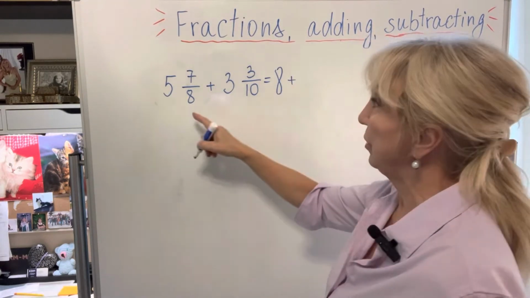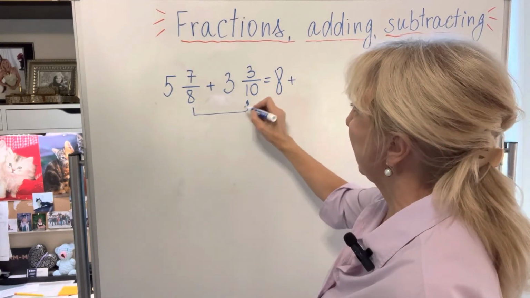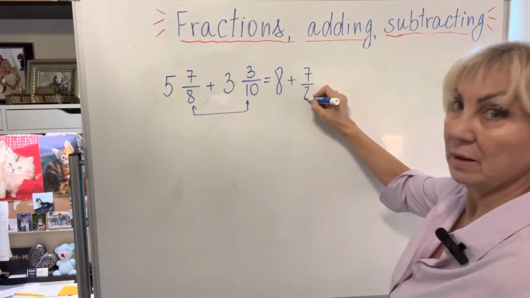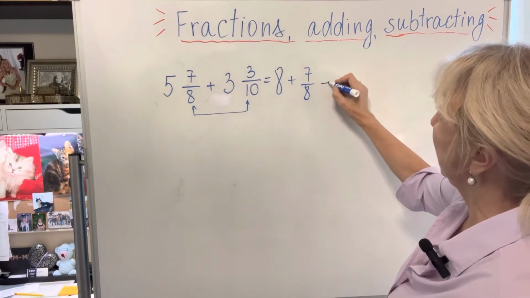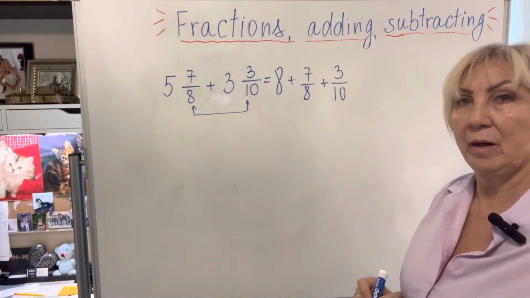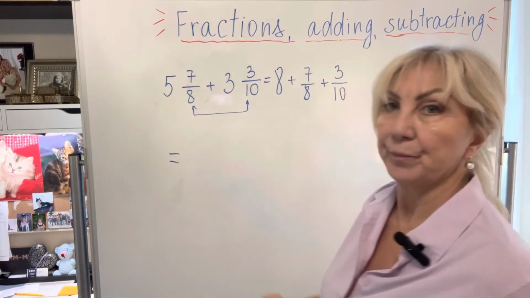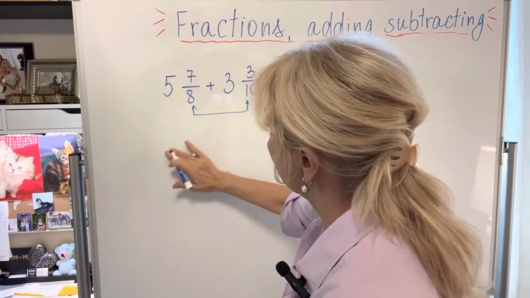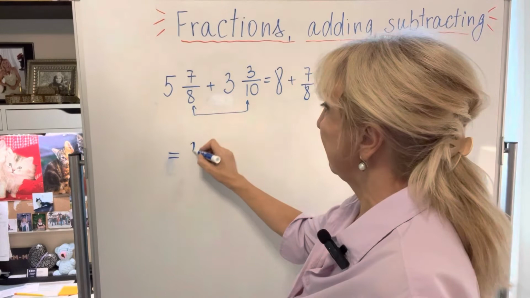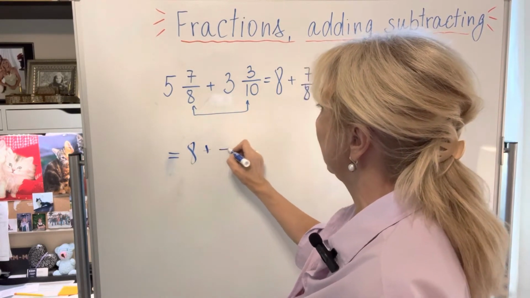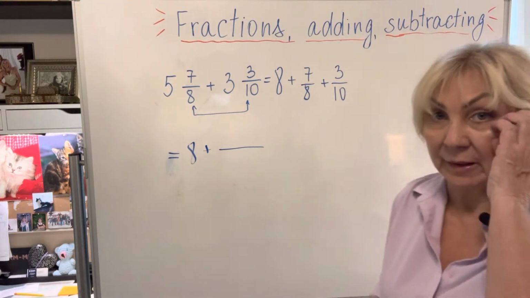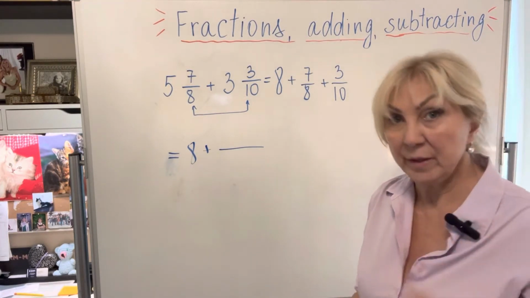Then we add the two fractions, 7/8 plus 3/10. I rewrite the 8, and for the fractions, the common denominator of 8 and 10 is, of course, 40.